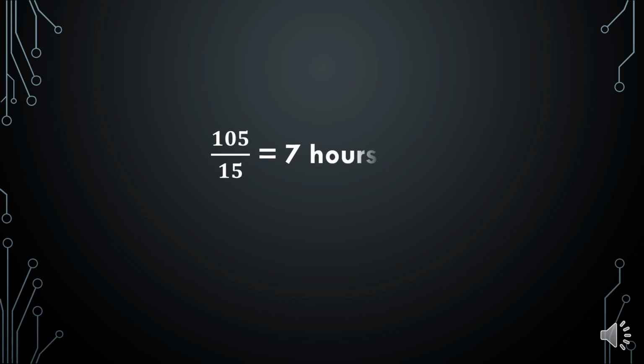We divide by 15 degrees because 15 degrees is equal to 1 hour. So whenever we're working out the difference in time, we always divide by 15 degrees. When we divide 105 degrees by 15 degrees, we get approximately 7 hours. So therefore, the difference in time between the Greenwich meridian and a place located 105 degrees west of the Greenwich meridian is approximately 7 hours.